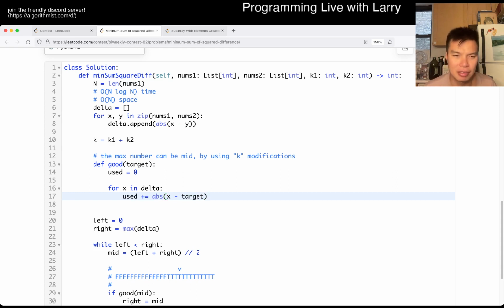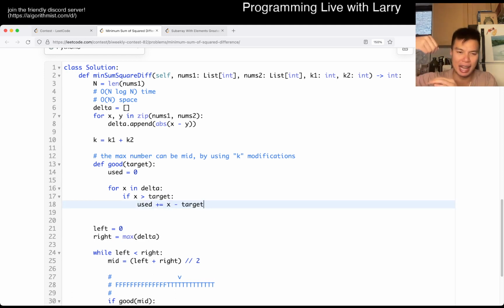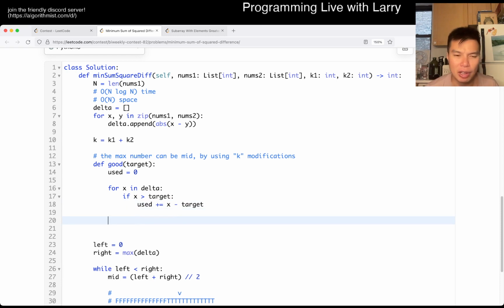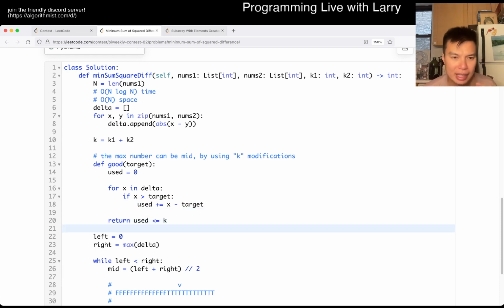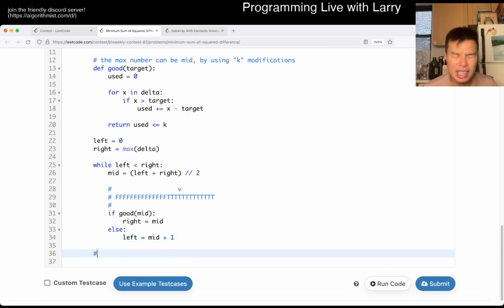Actually, that's wrong. This is if x is greater than target, then we do this, because we don't have to get it to target, we just have to get it over. If it's over, we trim it and use k, right? At the very end, we return used is less than or equal to k, and that's basically it. Now we know that outside the binary search, left is the max number that can be mid by using k modifications.